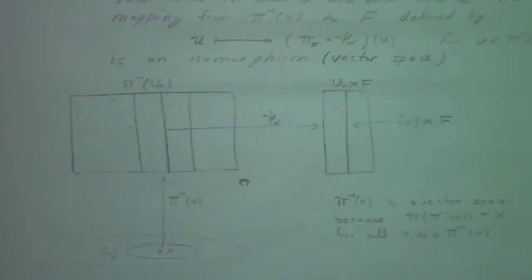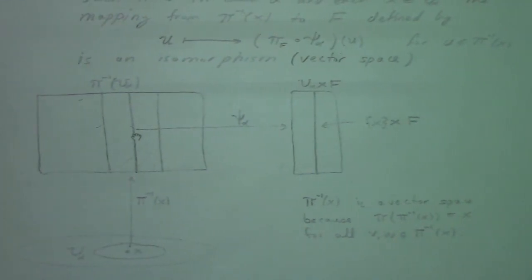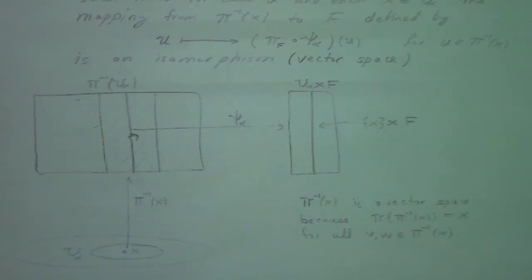That might help. So let's see here. Where's u? u is in here somewhere, right? So u maps over here to pi F of psi alpha. So psi alpha of u is something over here.